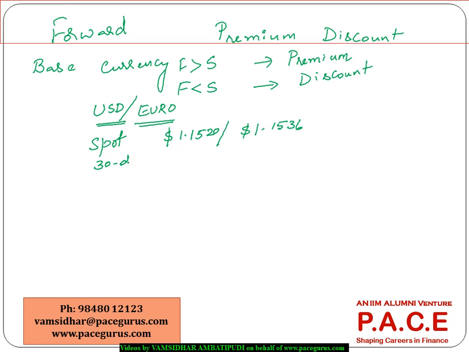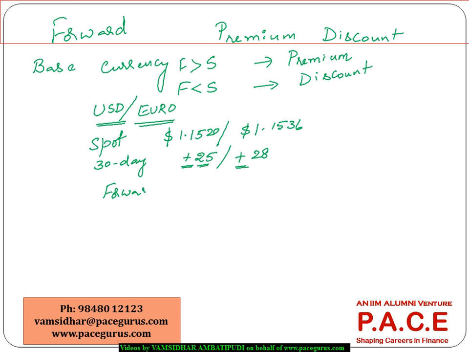Let's say I am looking at a 30-day forward market where I am quoting it as plus 25, plus 28, which means in the forward market the euro will be traded at a premium. So plus 25 is nothing but what would have been the 30-day forward price.